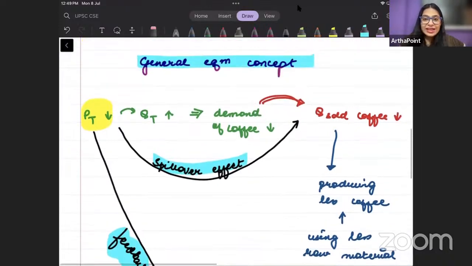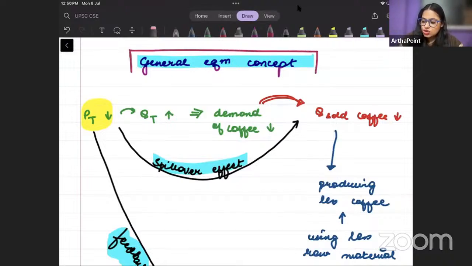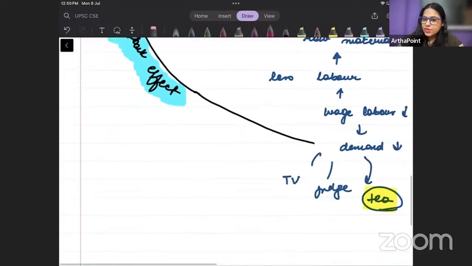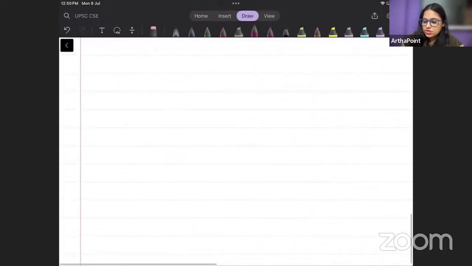When we analyze it in this way, when we try to analyze the tea market, coffee market, labor market simultaneously, that is called the general equilibrium concept. So the general equilibrium concept is going ahead and taking all factors into consideration.